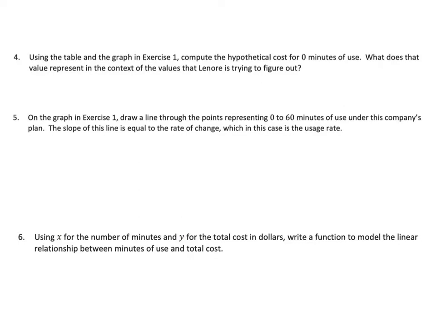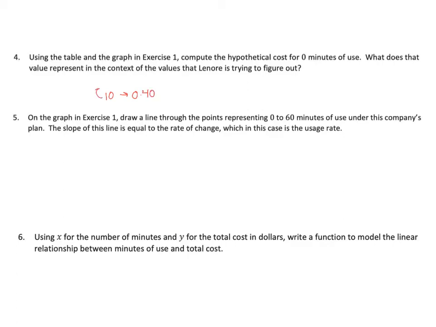All right, number 4 says, what would be the hypothetical cost for 0 minutes of use? That means if we went all the way back, how much is she going to pay for not using this access plan at all? Okay, so let's think about it. Let's work backwards. At 10 minutes, this costs us 40 cents.